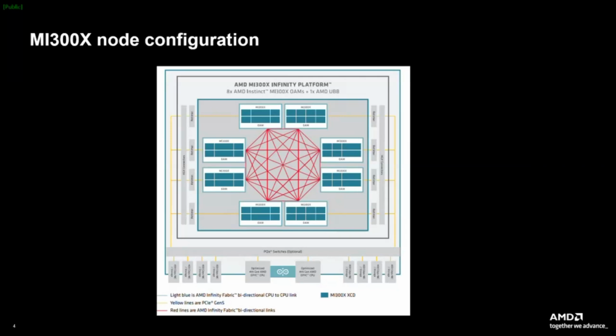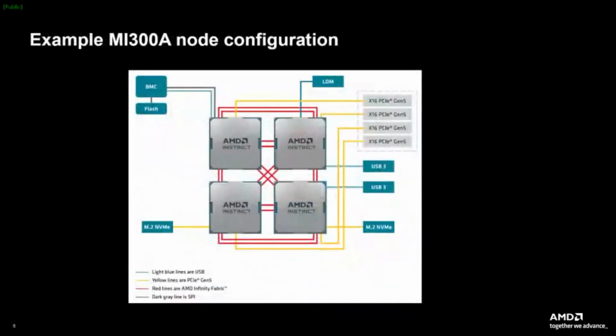Each of those devices can have a separate NIC that they are using, or the system can also be configured with fewer NICs, depending on customer requirements or other restrictions, right?